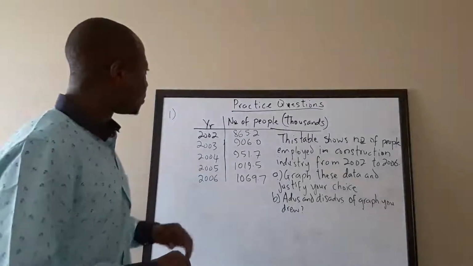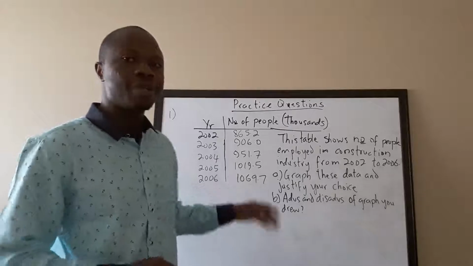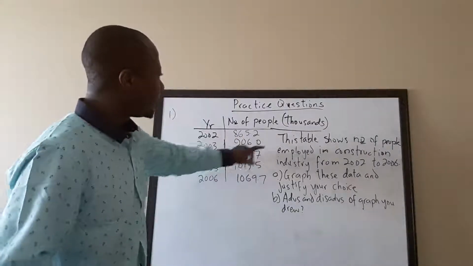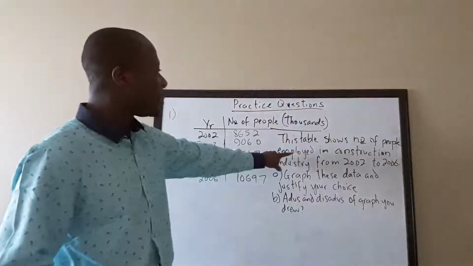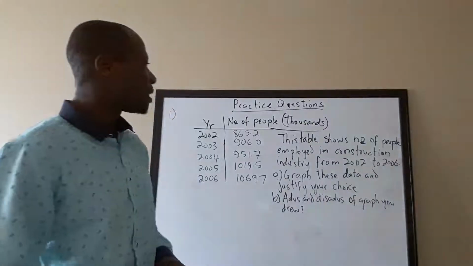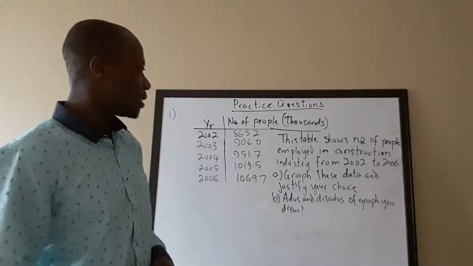So let's start from this particular question here. This question has to do with graphing. So this table shows the number of people employed in the construction industry from 2002 to 2006 in the United States.